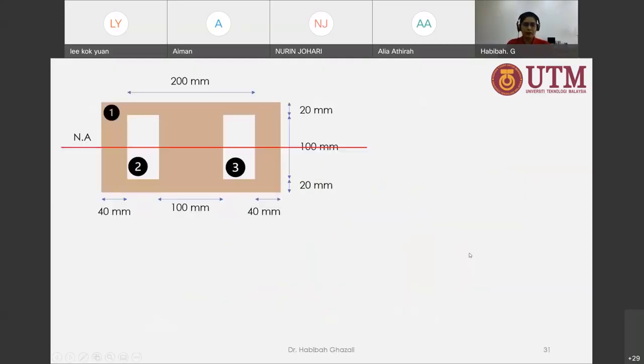So now this is the shape of the beam. If you imagine, it has become one material. It's like a huge rectangle with two holes drilled into the material and taken out. So this is why I have the shape.